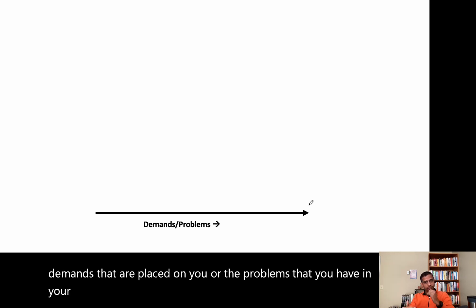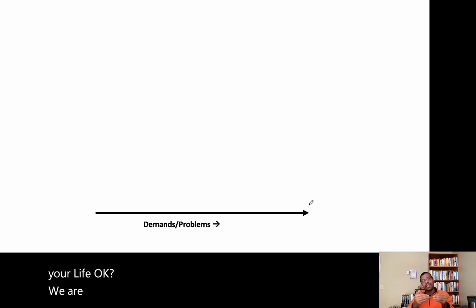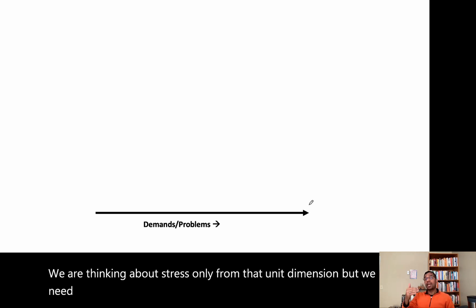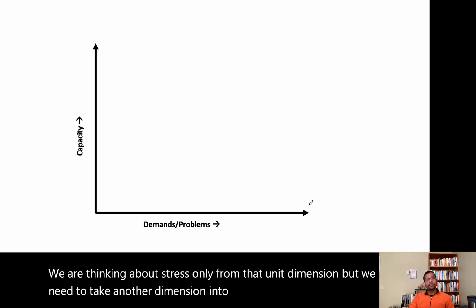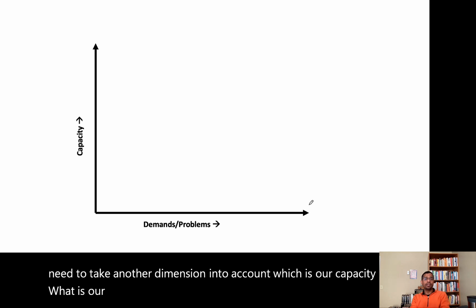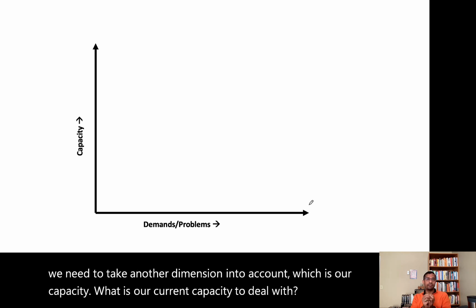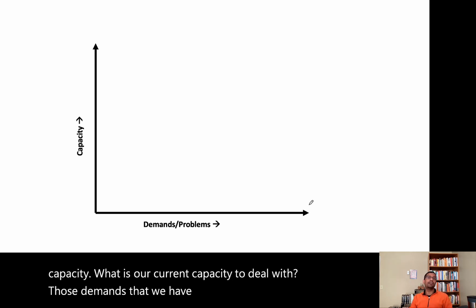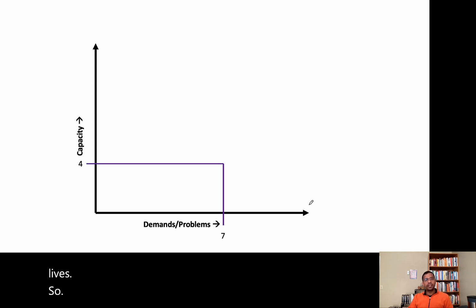We are thinking about stress only from that one dimension. But we need to take another dimension into account, which is our capacity. What is our current capacity to deal with those demands, those problems that we have in our lives?